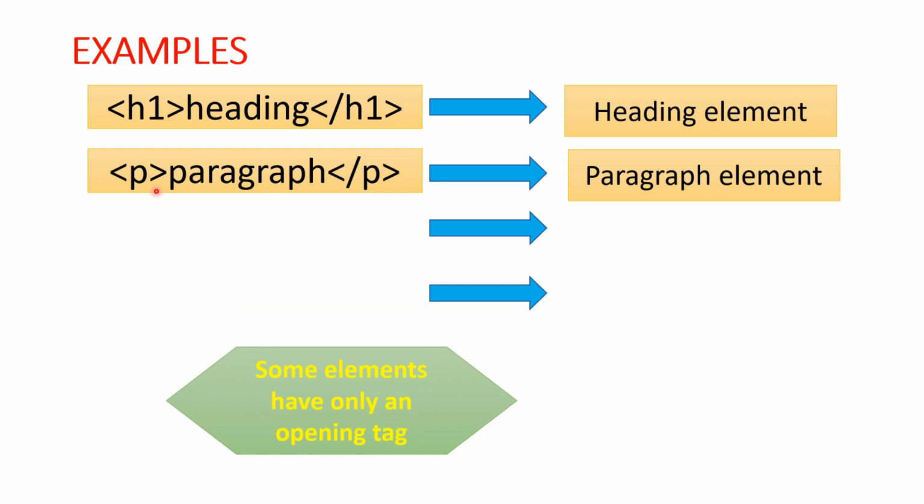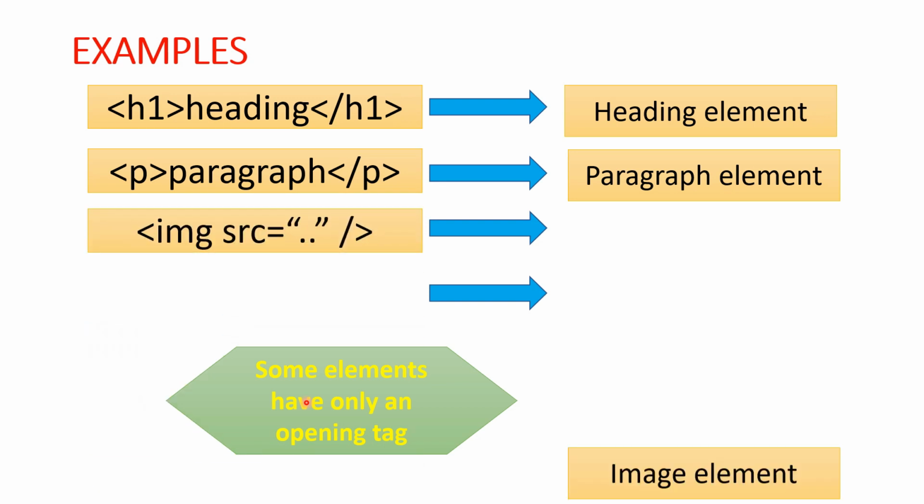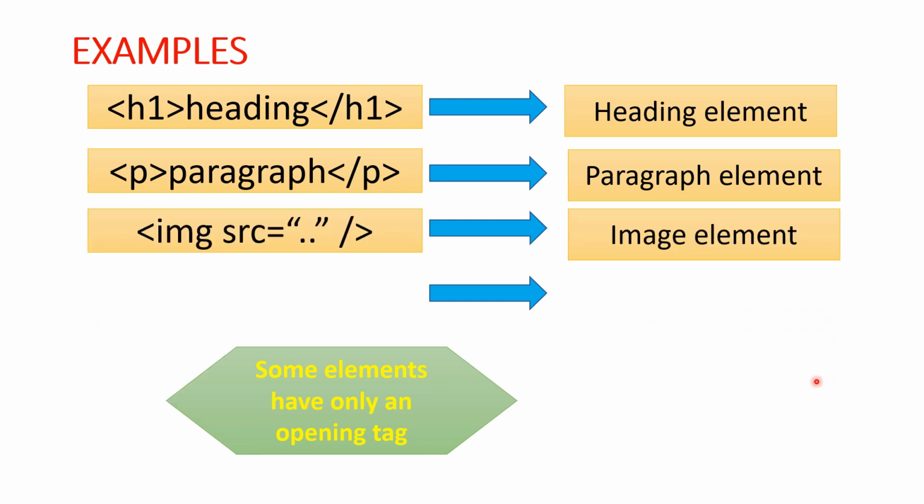We will see some more examples. In HTML, not all the elements have the closing tag. Some elements will have only an opening tag and the example for this is image element. Here we have the opening tag and we don't have any closing tag. In the opening tag, we have the left operator, tag name which is img and some more parameters we are having.